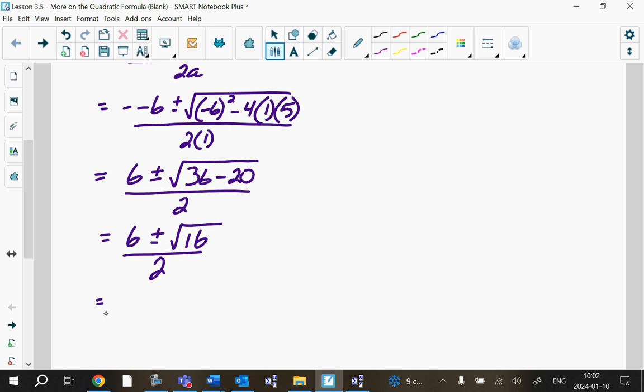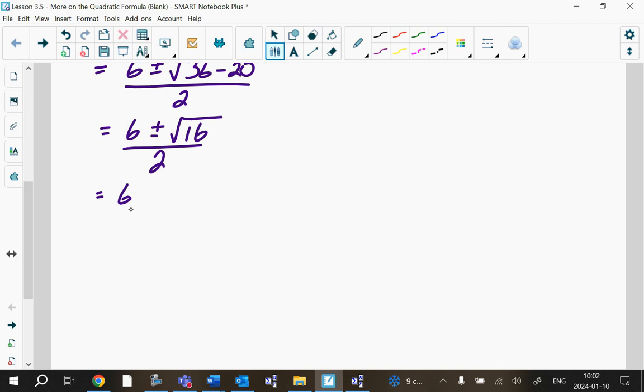We can take it exactly, can't we? We get 4. So we get 6 plus or minus 4 divided by 2, which means we need to split it and figure out what 6 plus 4 divided by 2 is and what 6 minus 4 divided by 2 is. And those will be our answers.